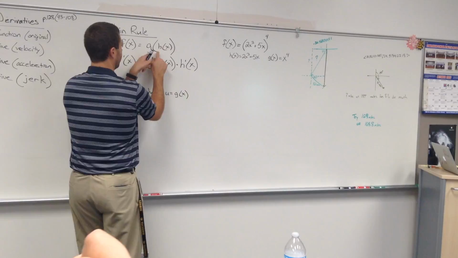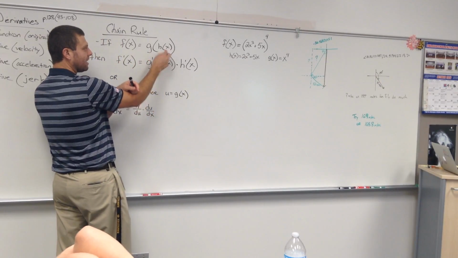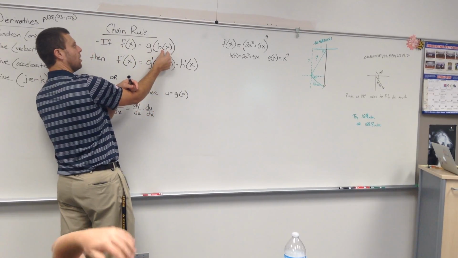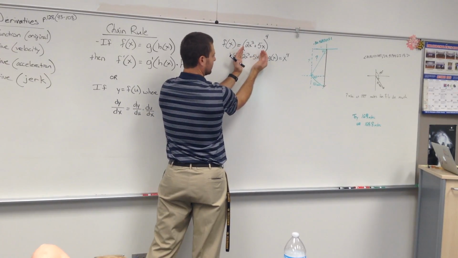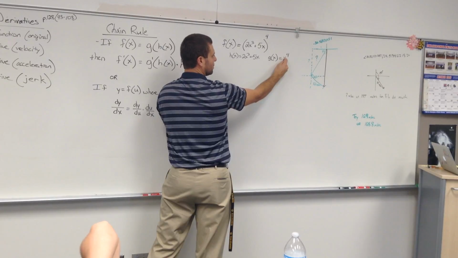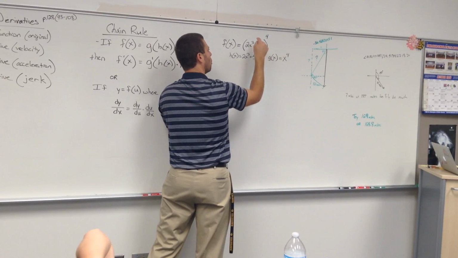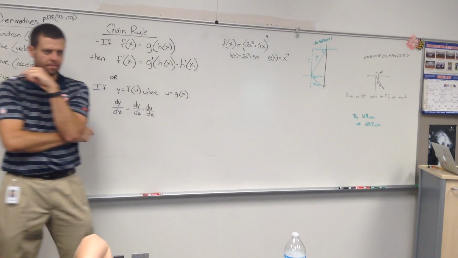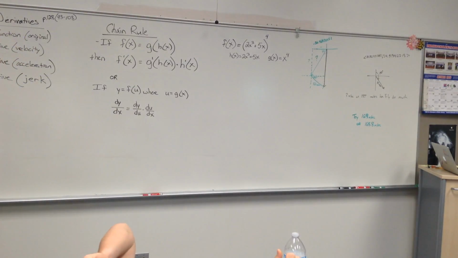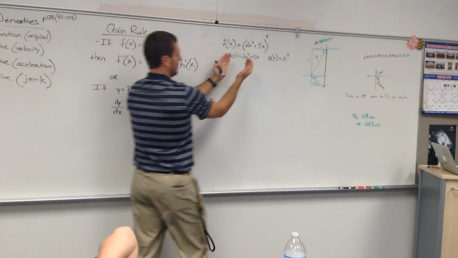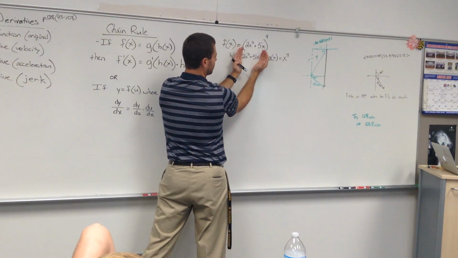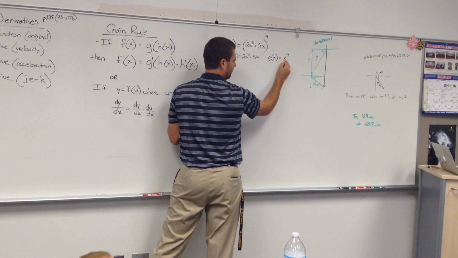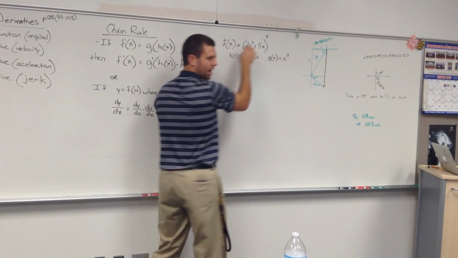Because if I take the h function and plug it into the g function, in other words, substituting it in place of this x right here, that would put me right up here. If I take 2x cubed plus 5x and substitute it in for this x, that would give me what I have.